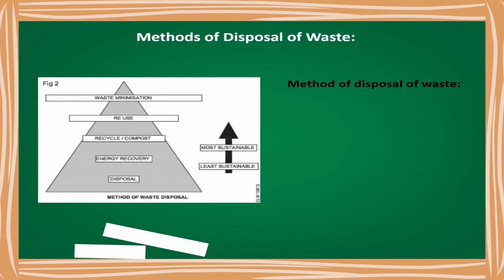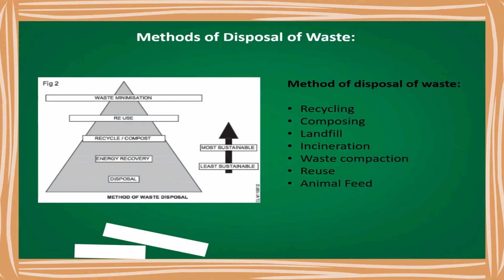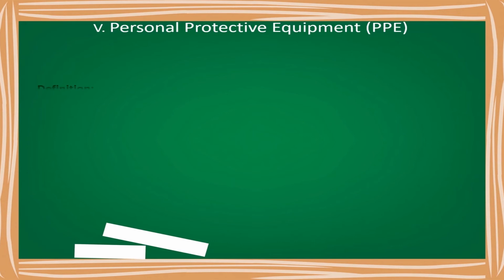The different methods of disposal of waste are recycling, composting, landfill, incineration, waste compaction, reuse, animal feed, firewood.